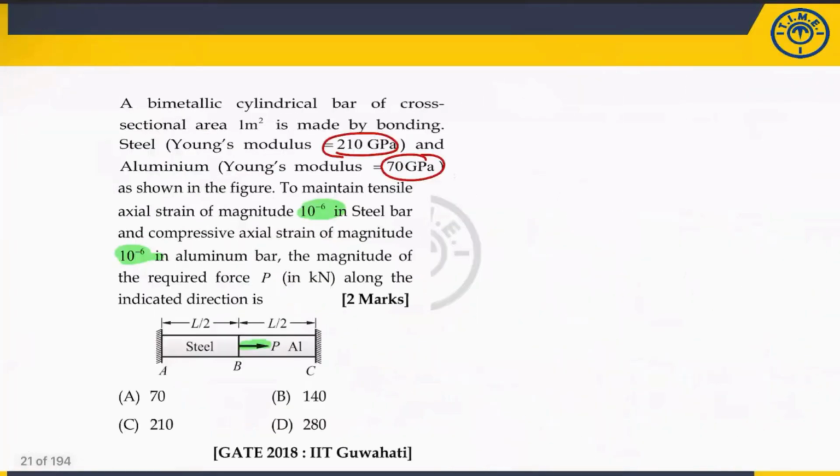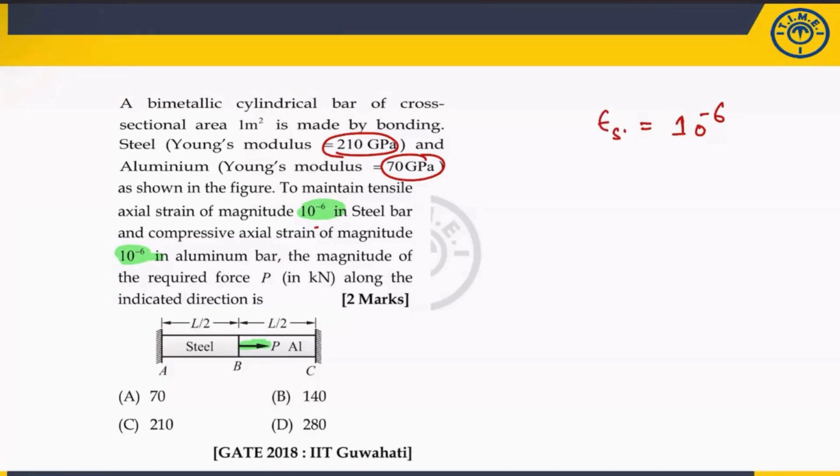But what you have to calculate is the deformation of the steel bar, which means you have to calculate the value of P. It is given that the tensile axial strain is 10 to the power of minus 6. It is not a deformation, it is a strain.